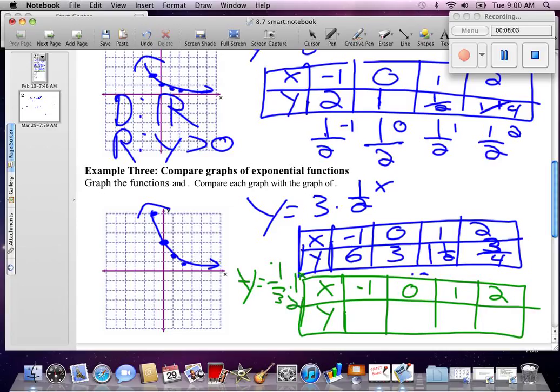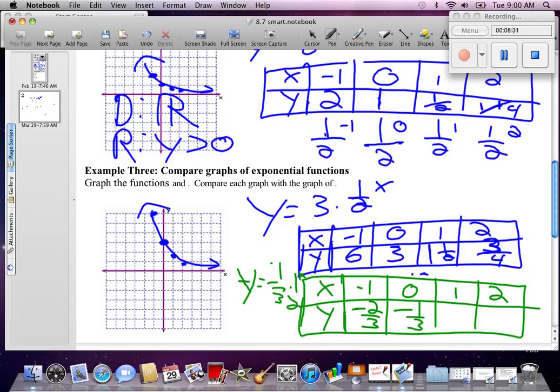What is 1/2 to the negative 1? Two over 1, and 2 over 1 times negative 1/3 is negative 2/3. Joel, what is 1/2 to the 0 power? 1. And 1 times negative 1/3 is negative 1/3.